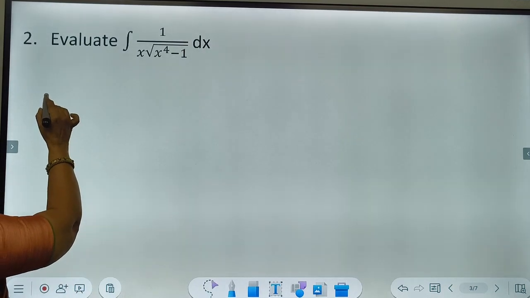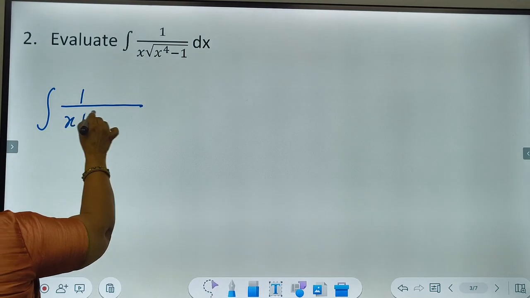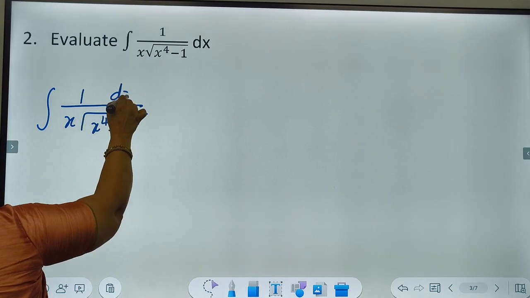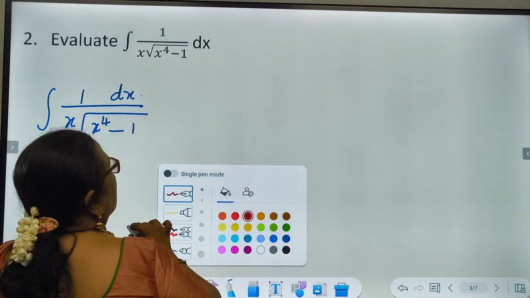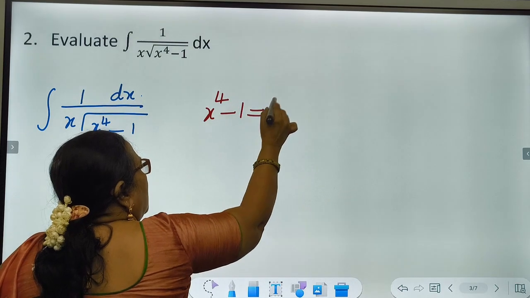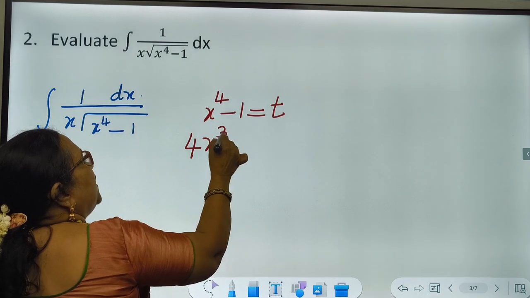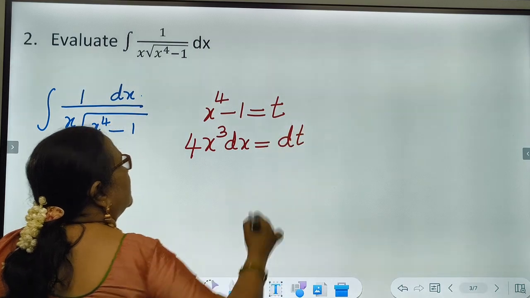Now let us try this. Integral of 1 by x into root of x power 4 minus 1 dx. I am going to put x power 4 minus 1 equal to t. Then 4x cube dx will be dt.